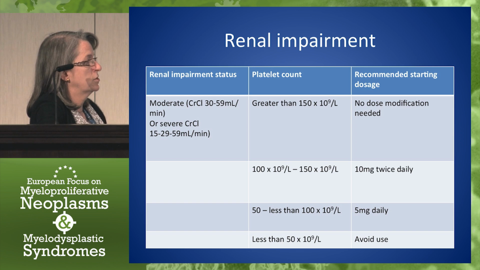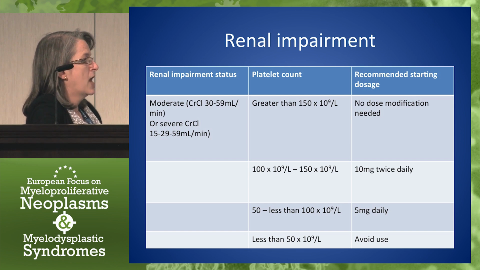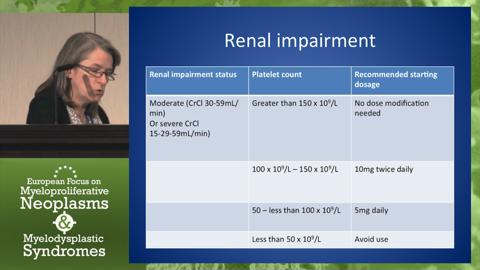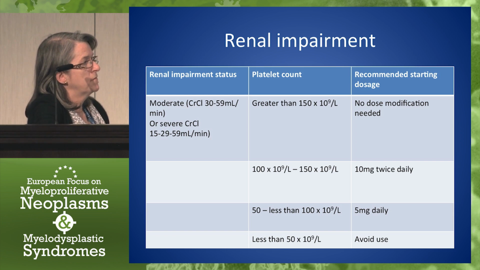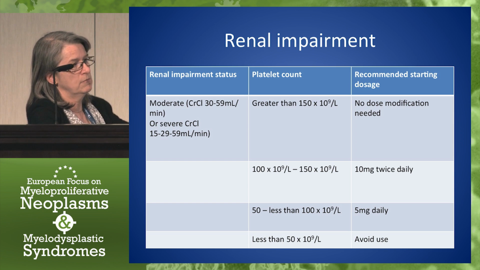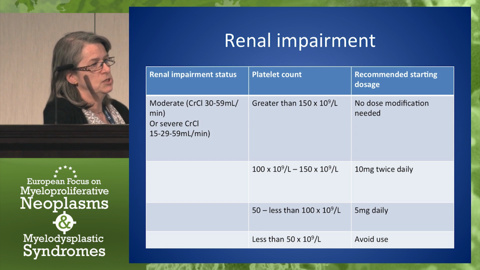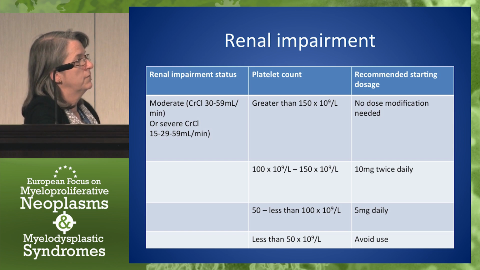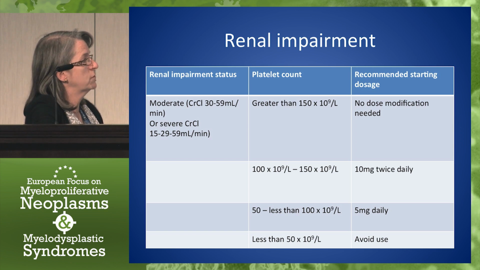If the platelet count is greater than 150, you don't need to do anything. With lower levels, then you need to reduce the dose. If the patient is on dialysis, there are specific instructions in the SPC that suggest how you might be able to manage that and give at least some doses of the drug.